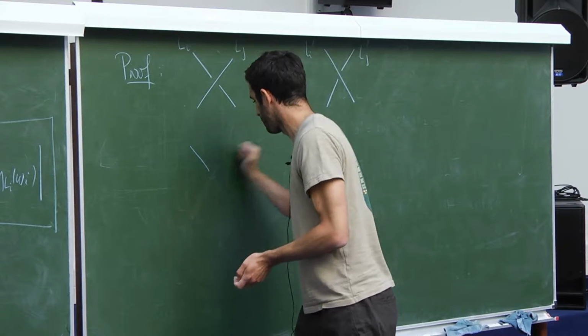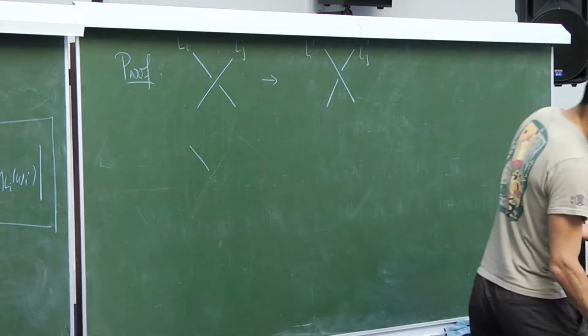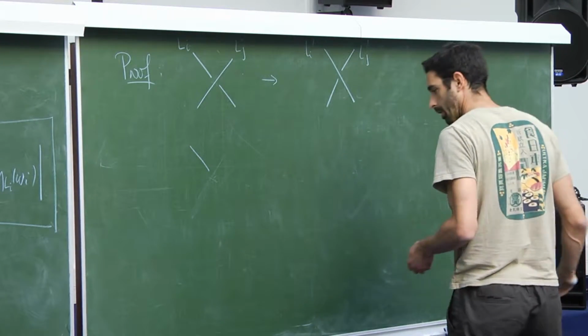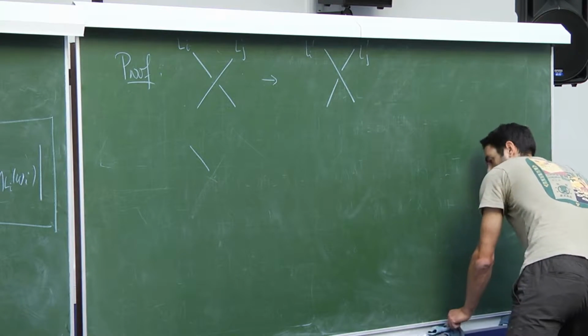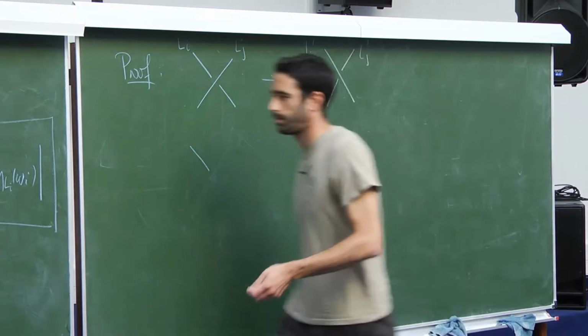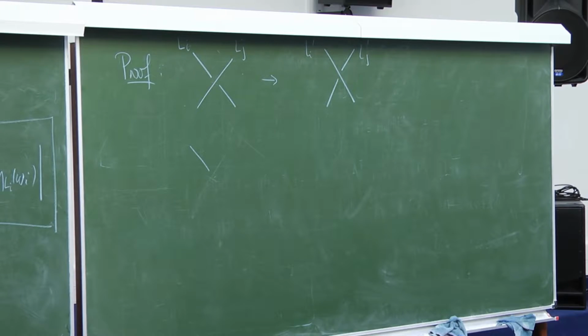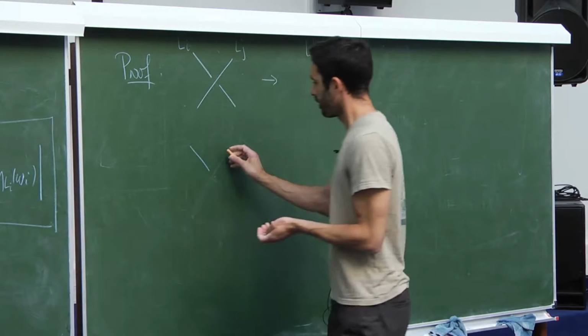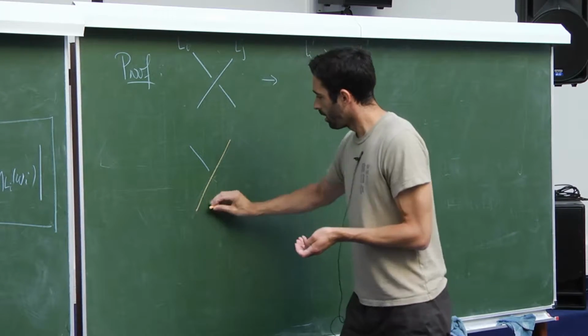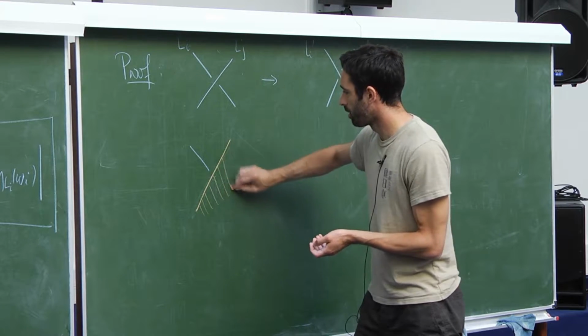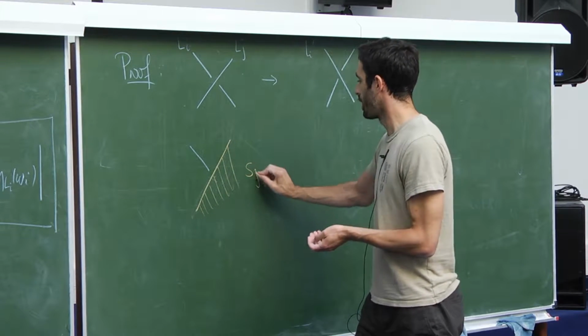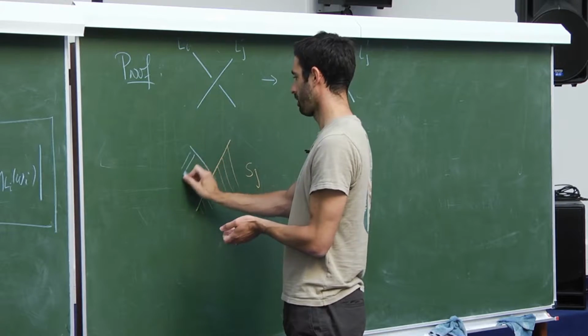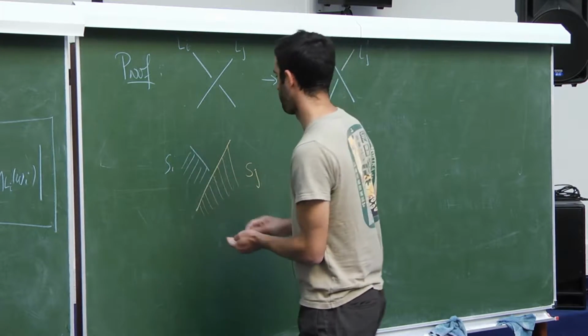Maybe I'm going to take different colors here. It's useful. So let's say this is S_j, and this is S_i.